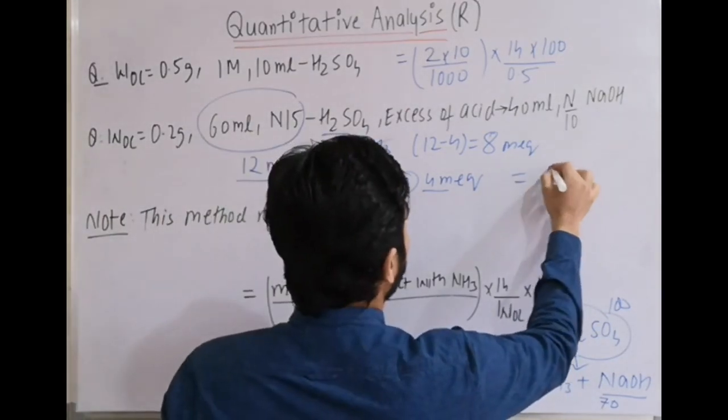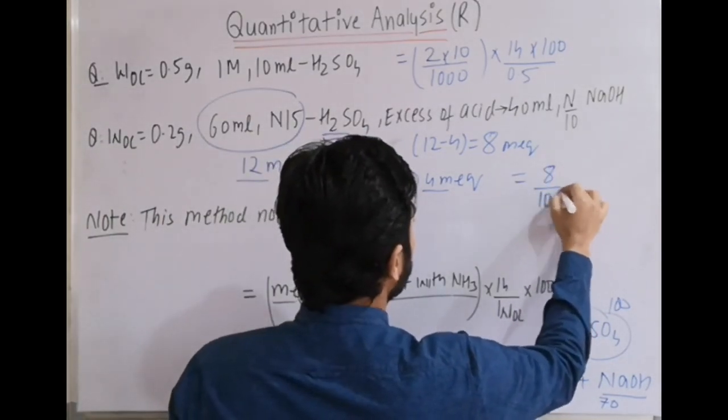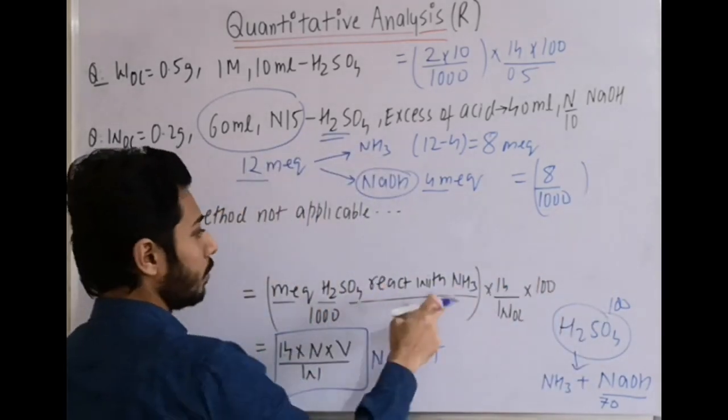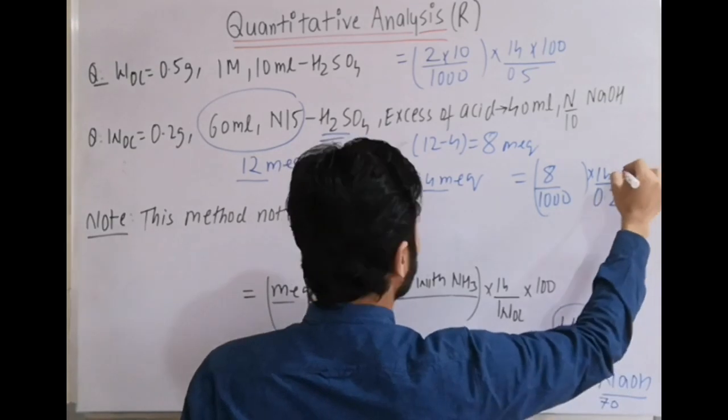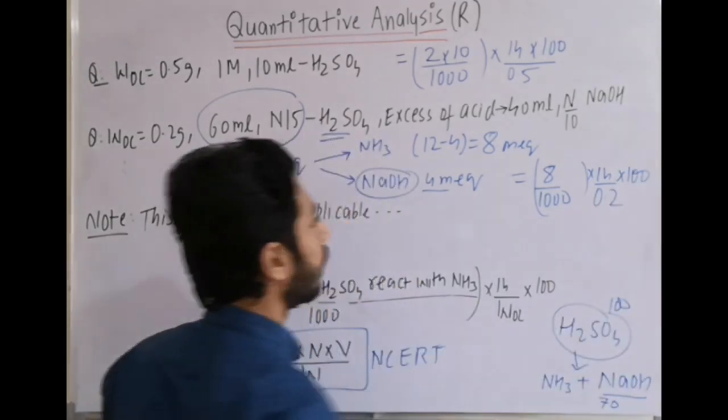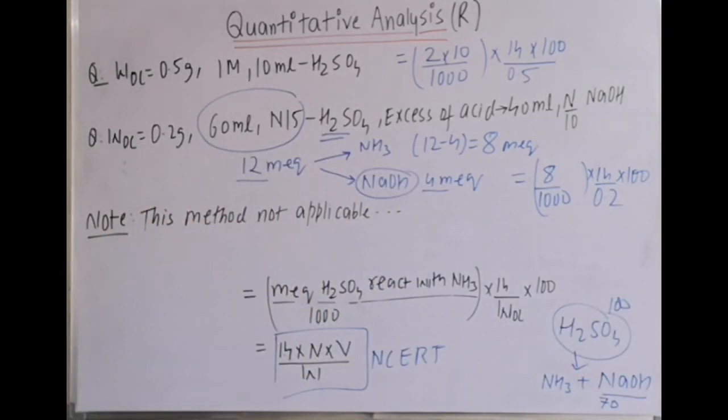It is 8 upon 1000 into 14 upon the weight of the organic compound, 0.2, into 100. That finally gives you the answer for the percentage of nitrogen, right?